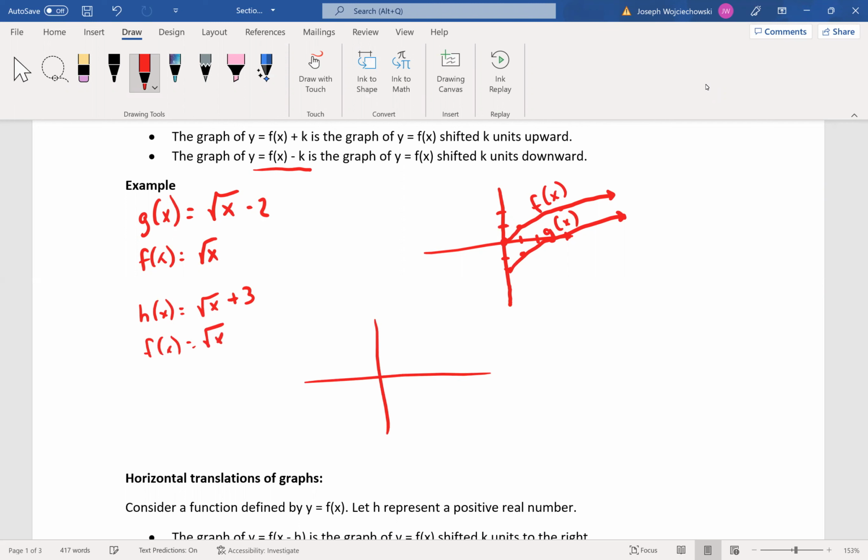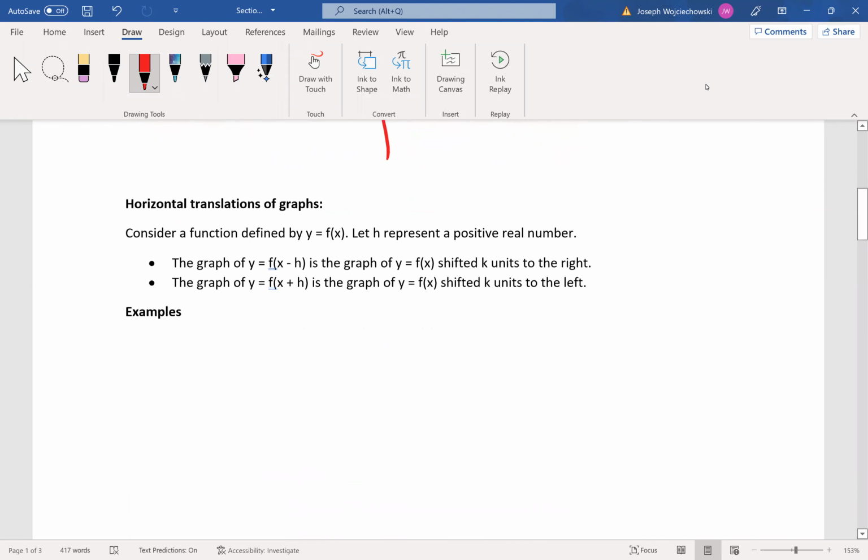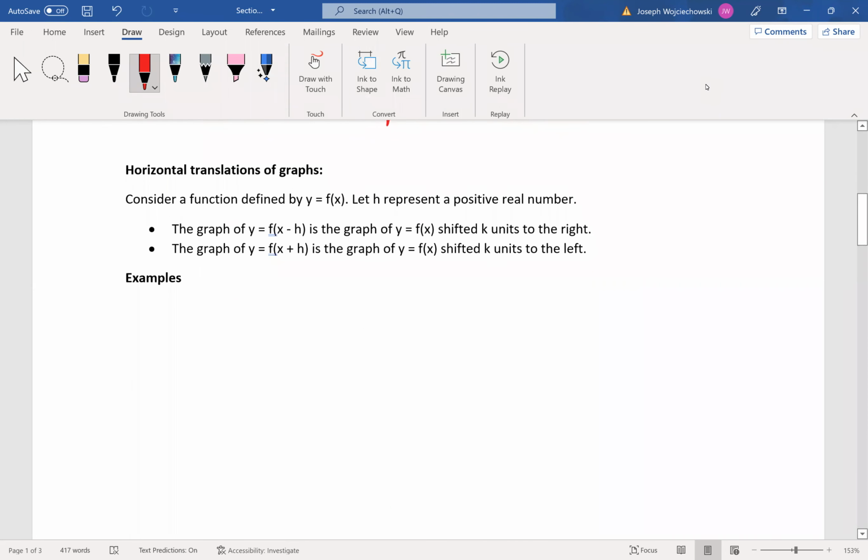Start with our square root function, and now we're going to move it up 3: 1, 2, 3. So this is f of x, and this is h of x. Simple, right?